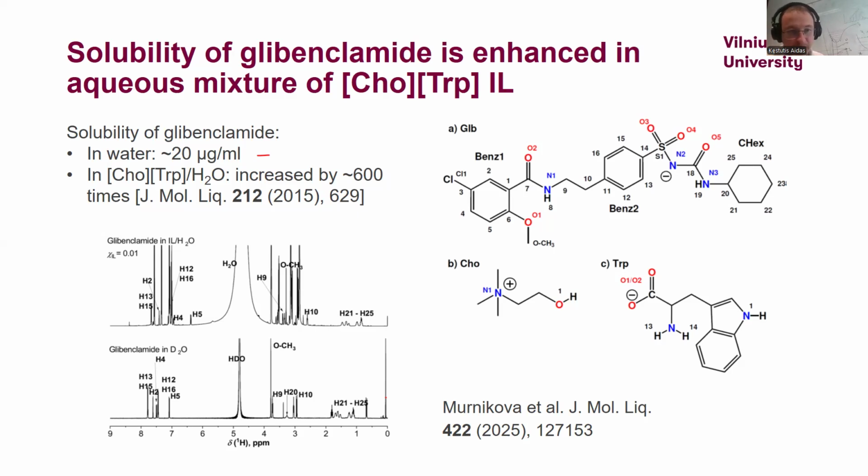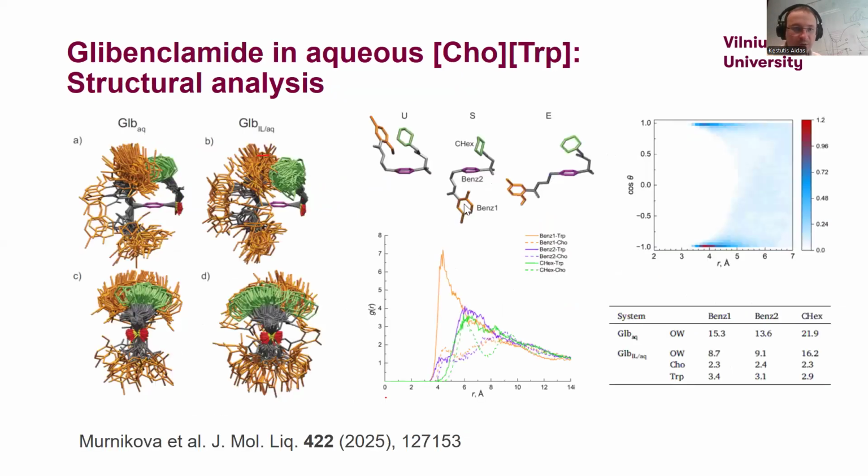Some signals shift more, others shift less. So it's really true. The NMR spectrum is sensitive to the presence of the ionic liquid in the system. So we wanted to study this. We have carried out molecular dynamics simulations. We studied the conformational equilibrium of glibenclamide in both water, in aqueous solution, and in this mixture of the ionic liquid and water.